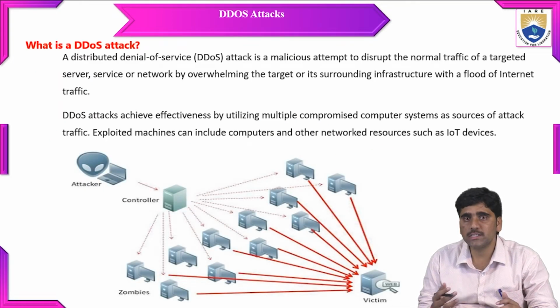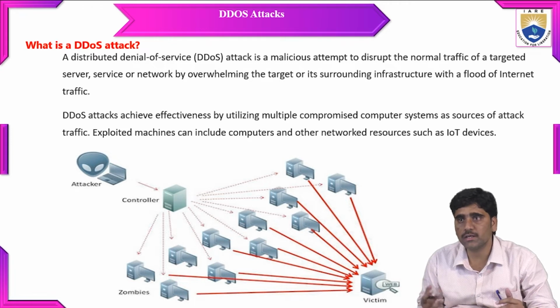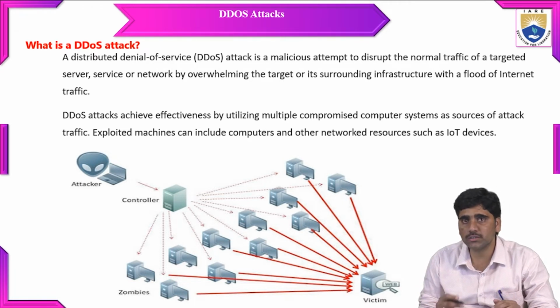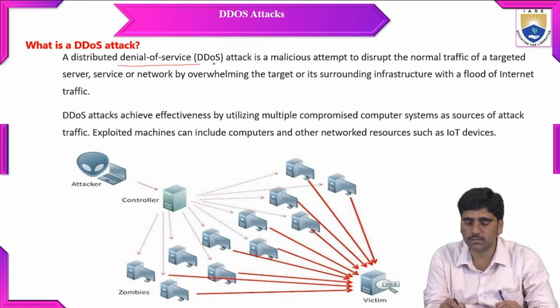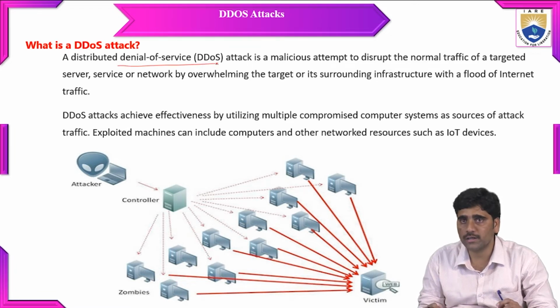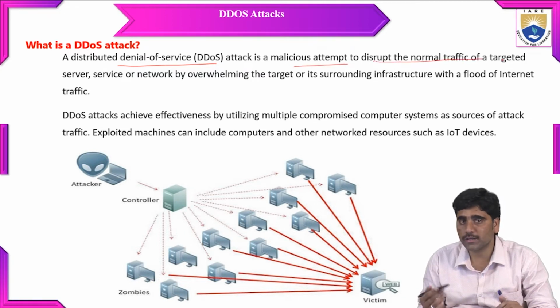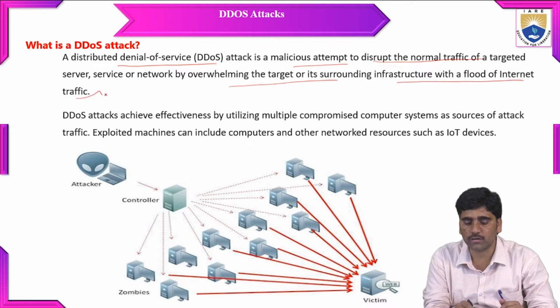And next, what is a DDoS attack? So what is meant by a DDoS attack? It is short for distributed denial of service attack, a malicious attempt to disturb the normal traffic of a targeted server, service or network by overwhelming the target or its surrounding infrastructure with a flood of internet traffic.